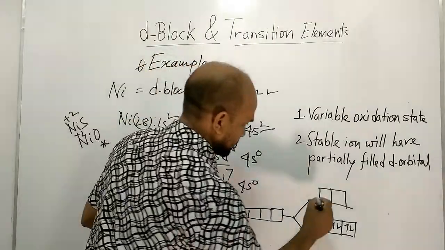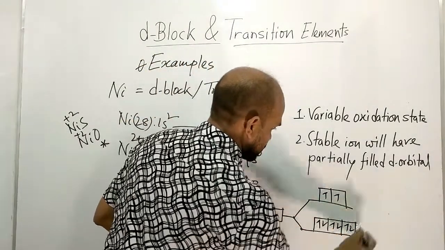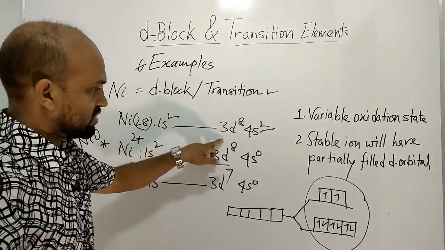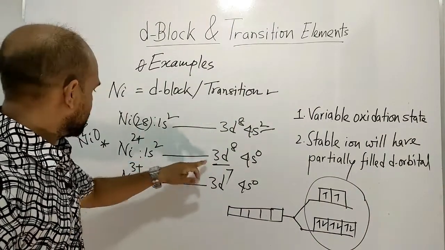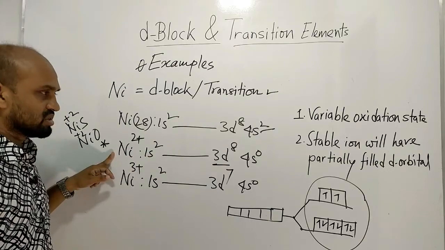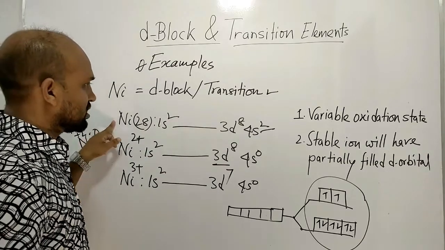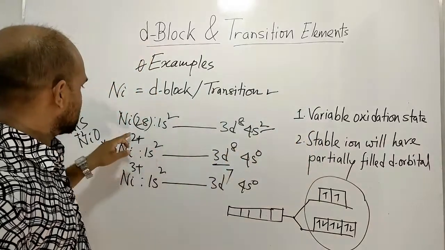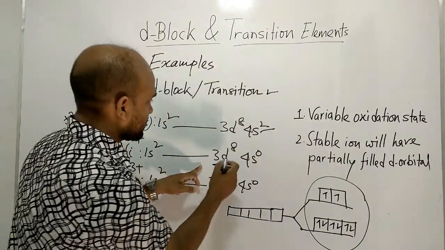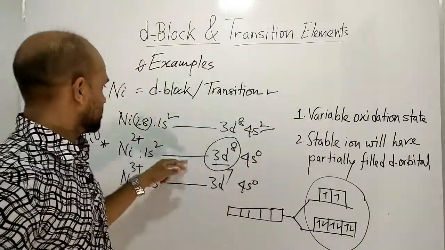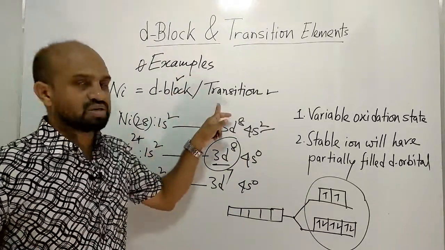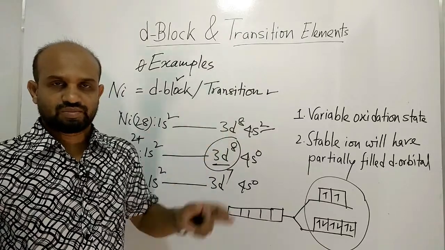Another two electrons left: 1, 2. So it's a very nice, well balanced configuration of electrons in this d orbital. So this ion is a stable ion. Now nickel shows variable valency, variable oxidation state, and the d orbital is partially filled. So nickel is a d-block element as well as a transition element.